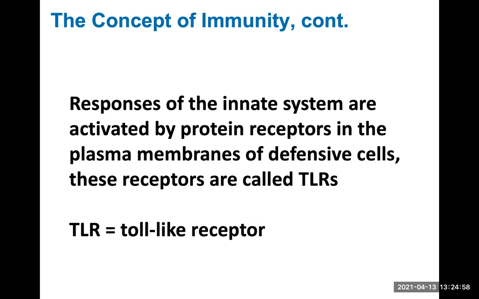So you have protein receptors in these white blood cells of the innate immune system. These receptors are called toll-like receptors, TLR, okay? And so our innate white blood cells have these toll-like receptors, and if they get triggered, then your second line of defense, these defensive cells kick into action, kick into gear.